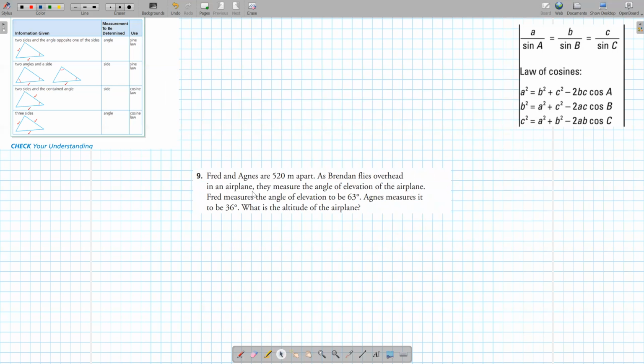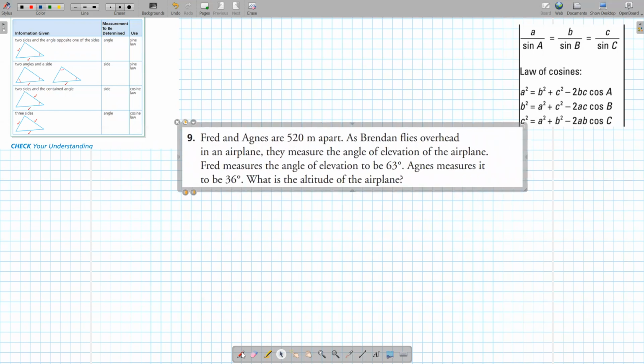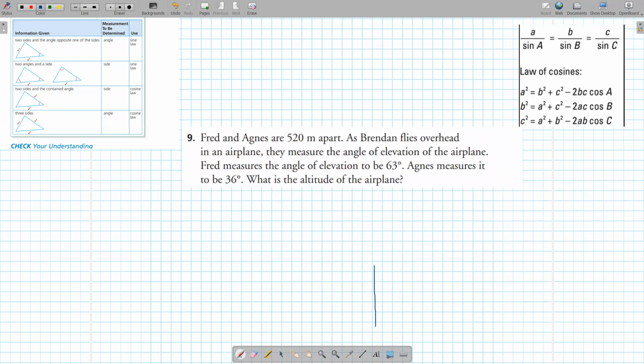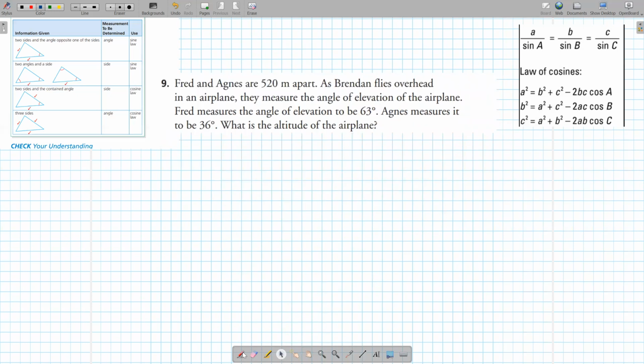So that's how you read the angles, okay? North 45 west means you first go north and then 45 degrees in the west direction. Now this one is an angle of elevation question. So we have two people, Fred and Agnes.